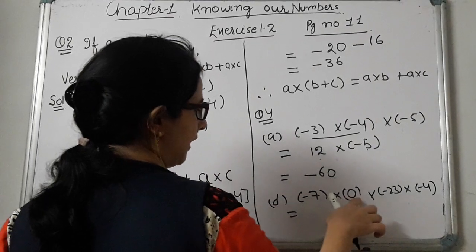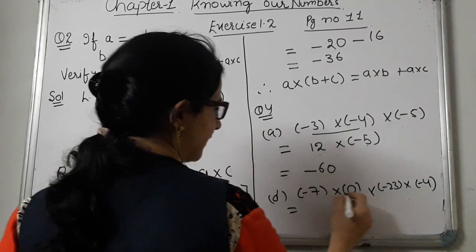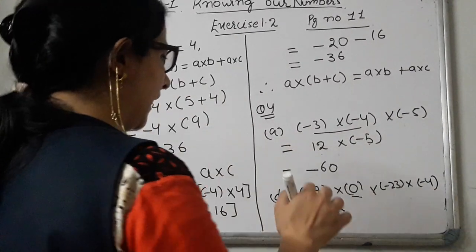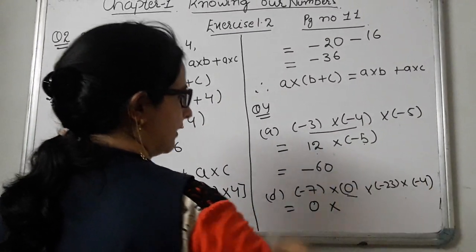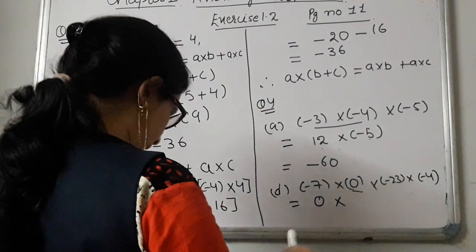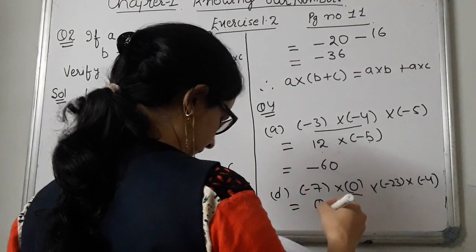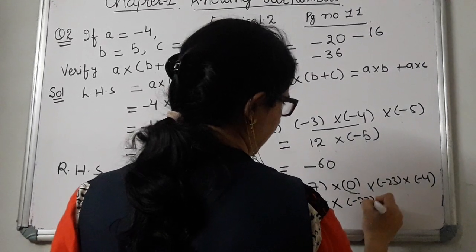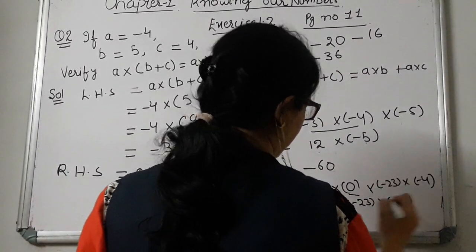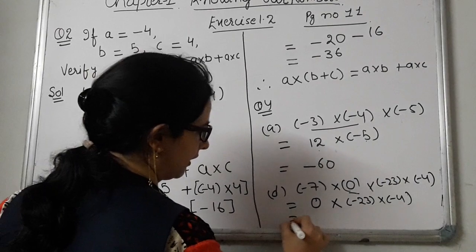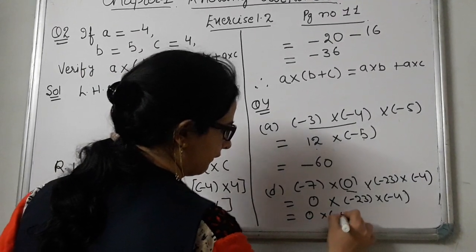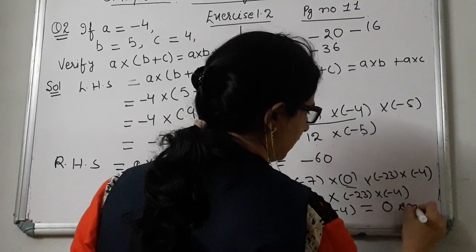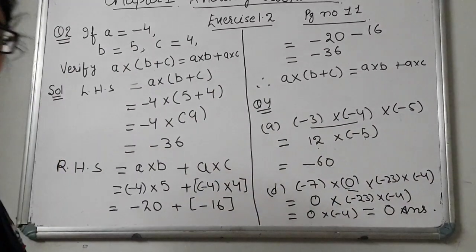First we will do multiplication between these two numbers. -7 into 0 is 0, into minus minus is plus, 23 into 4. Or else we can write -23 into -4. Again 0 into -23 is 0, into -4, again -4 into 0 is 0. So 0 is our answer. Okay, understood?